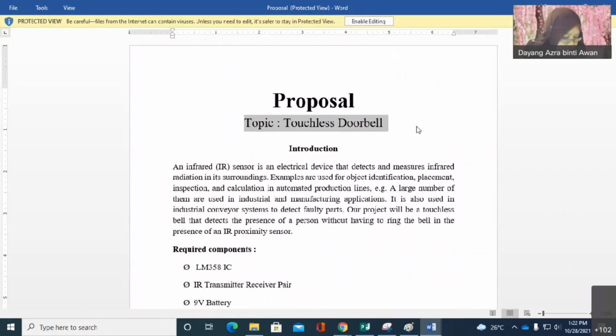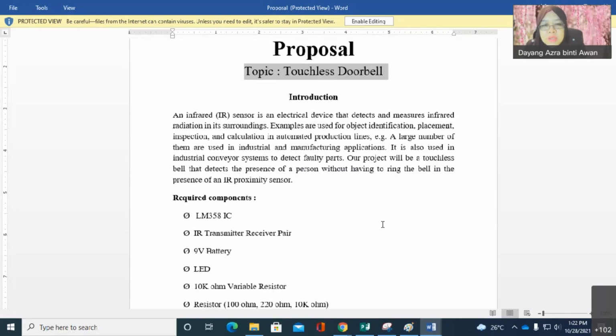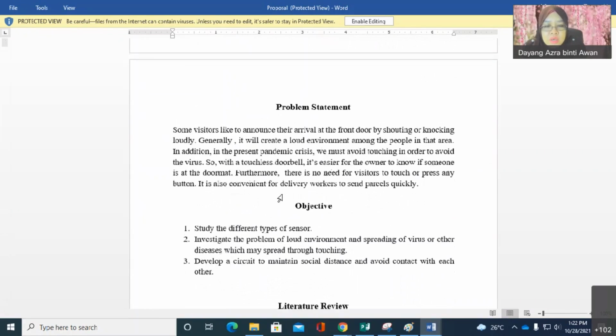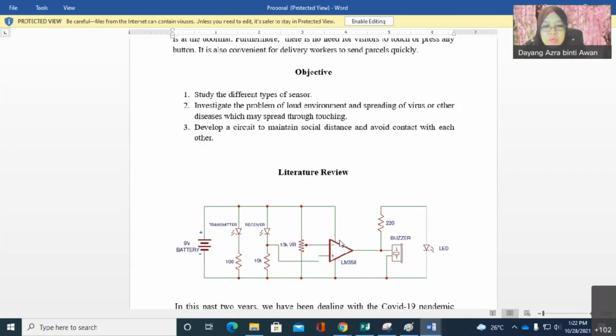Instead of the touchless doorbell, because your friend has already done it, change it to another application that uses the same circuit, where maybe you don't need to put the buzzer, maybe you just put the LED only. Okay. That's all.